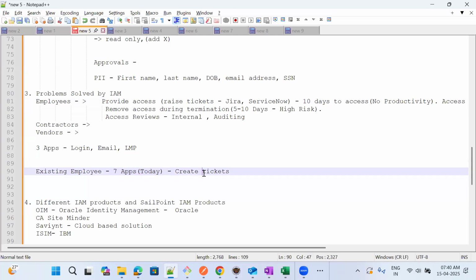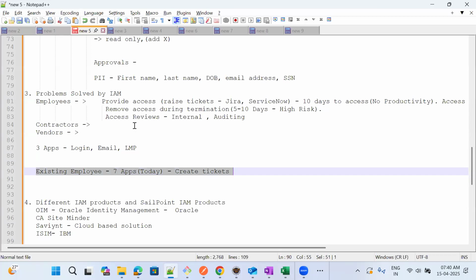So we need a mechanism that correctly removes access on whatever date is required. If we want to remove access on the last working day, we have to track it and make sure that we are removing access on the last working day only, not before and not after. If we don't have any tools like SailPoint IIQ, this is the situation.